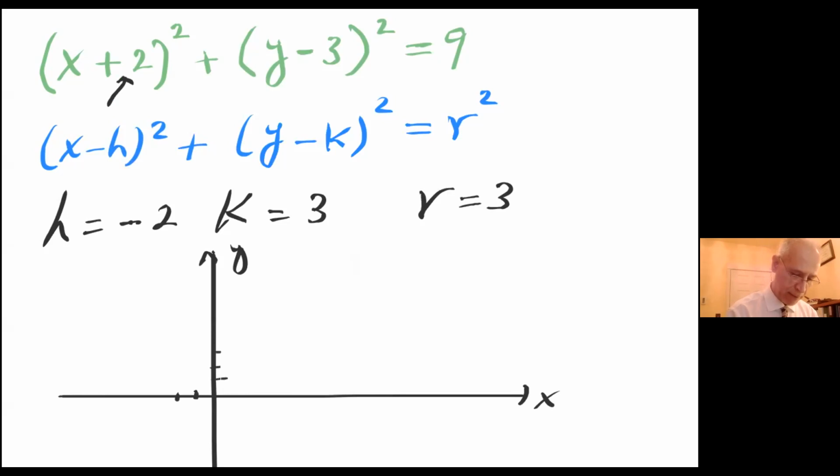So here's the circle, the center of the circle at negative 2, 3, and the radius is 3. So I go 1, 2, 3 in each direction: up, down, left, and right. Now, I'm not doing so well with my tick marks. I apologize for that, but I think you get the idea.